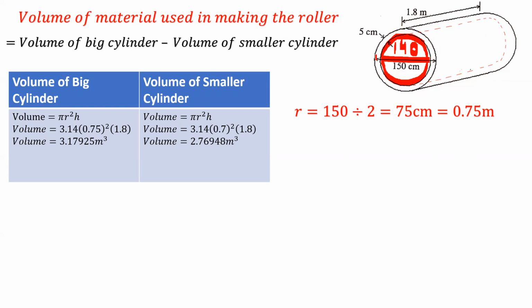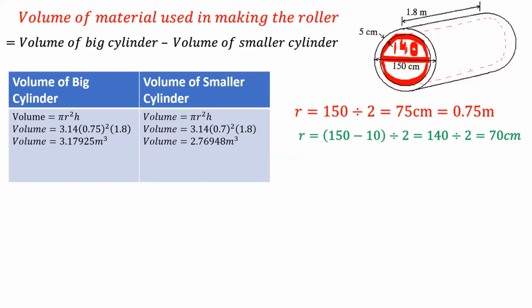How do I get that? I add 5 and 5 because that's the thickness of the one that's around. So 5 and 5 is 10, and I subtract 10 from 150. So the radius of the smaller one is going to be 150 minus 10, which is 140, divided by 2, which is 70.